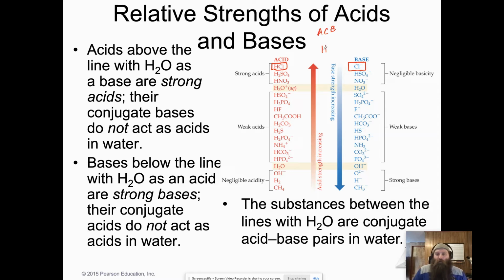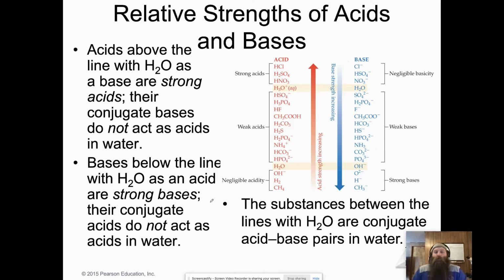If I have HCl plus H2O, I'm going to get Cl minus and H3O plus. So HCl, very, very strong acid. It's one of the three strong binary acids. But the conjugate base that it makes right here is extremely weak. It has negligible basicity in solution.